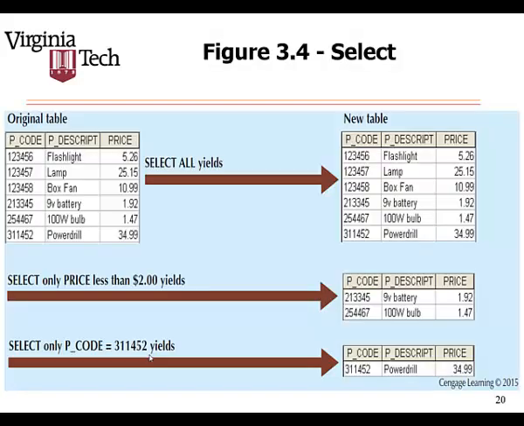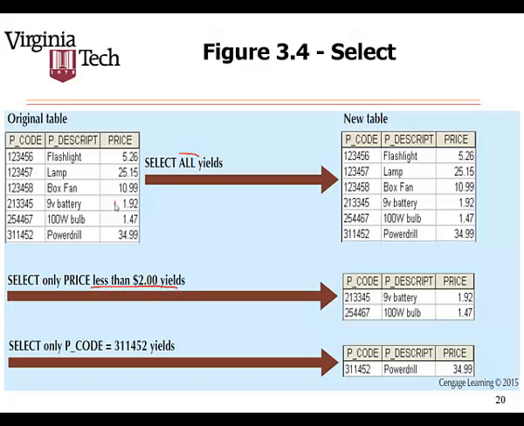Well, select is our first operation, and all select means is to limit the number of rows that should be returned as a result of the query. So here we start out by selecting all, and of course that gives us the exact same query. But if we make a condition, we'll say where price is less than $2, right?